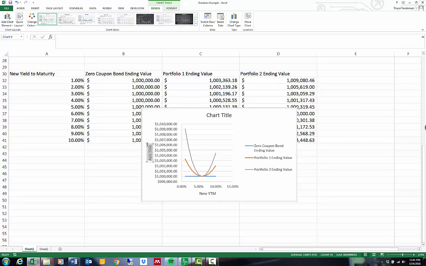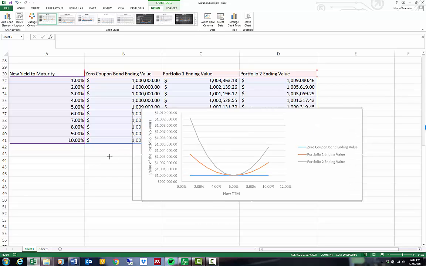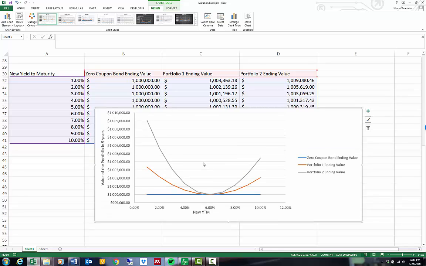And my y-axis title is value of the portfolio in 5 years. Just going to take that out. So here's what a graph of my ending values with the new yield to maturity looks like.